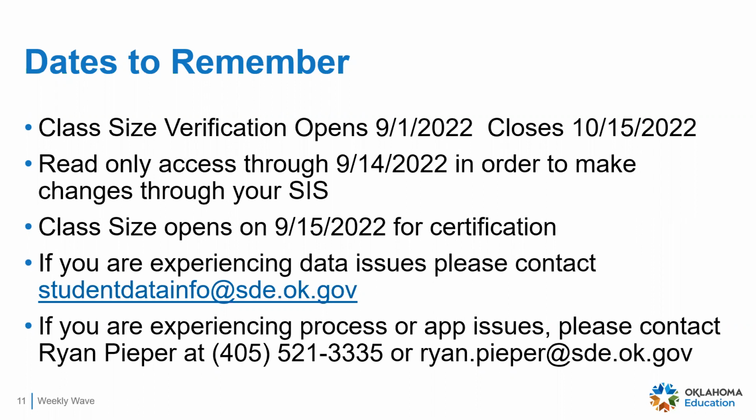If you're experiencing any data issues in relation to this, send an email to studentdatainfo@sde.ok.gov. If you're having any type of process or app issues, contact Ryan Piper at 405-521-3335 or ryan.piper@sde.ok.gov.